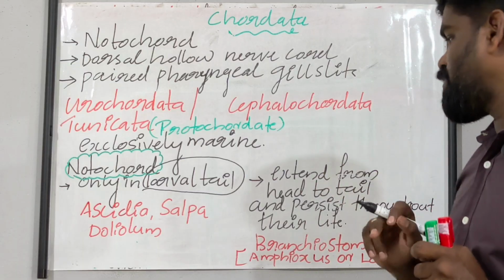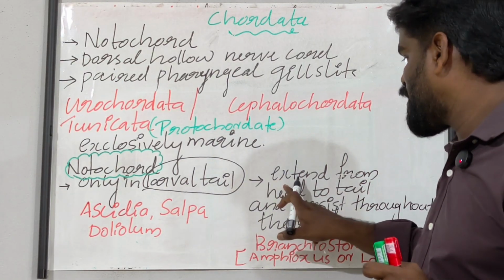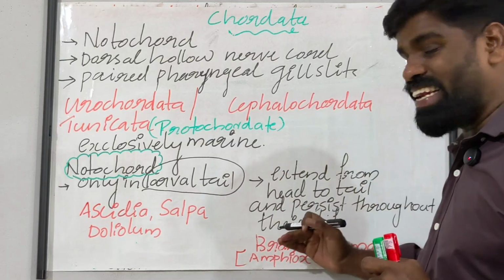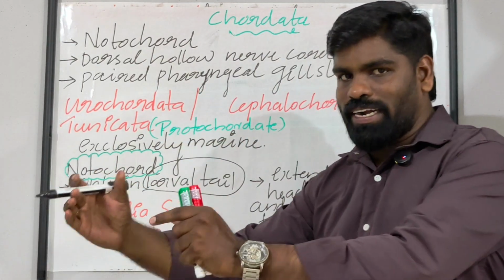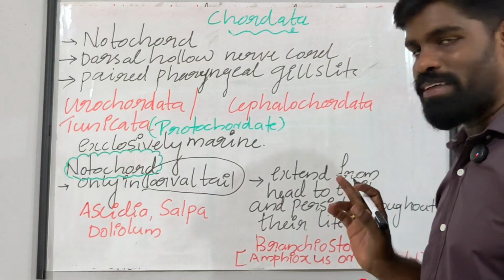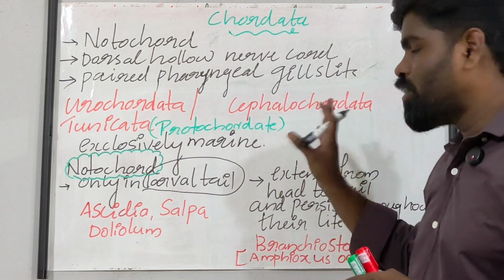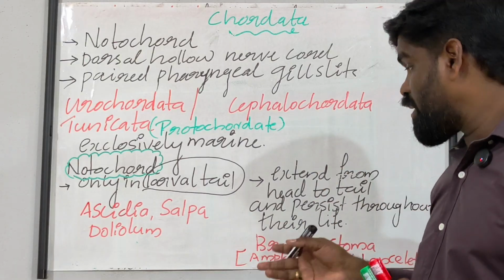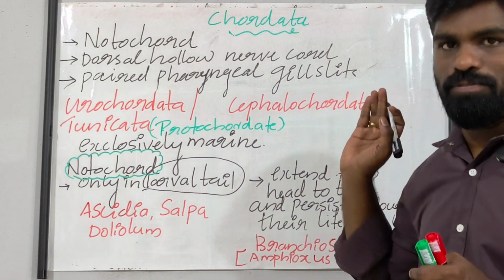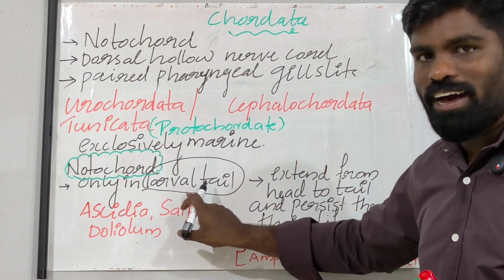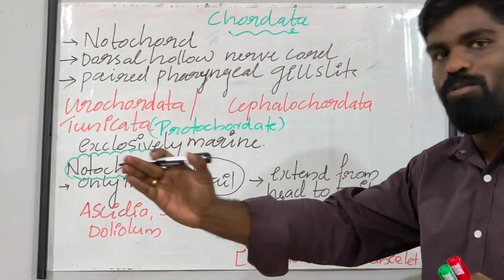What about cephalochordata? In cephalochordata, the notochord extends from head to tail. In urochordata it is only in the larval tail, but in cephalochordata we can see the notochord from head to tail. Apart from that, this notochord persists throughout their life, whereas in urochordata it is present only in the larval stage.